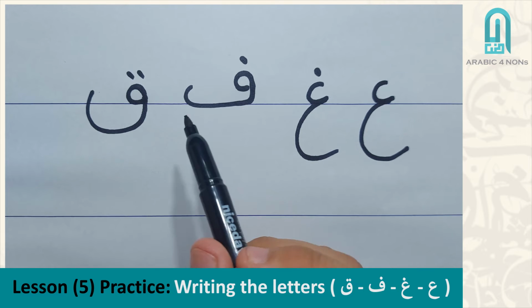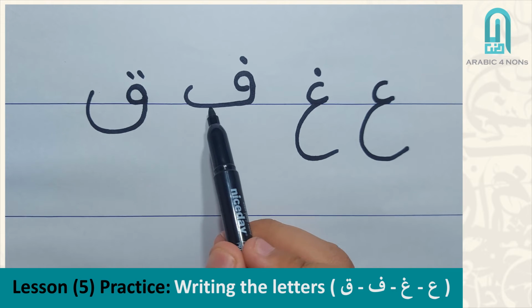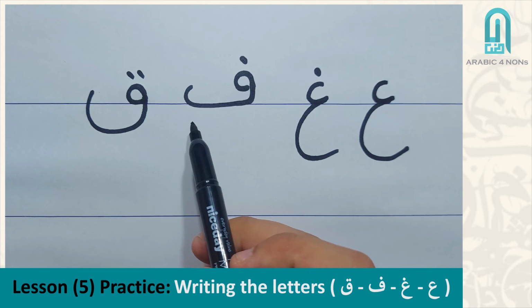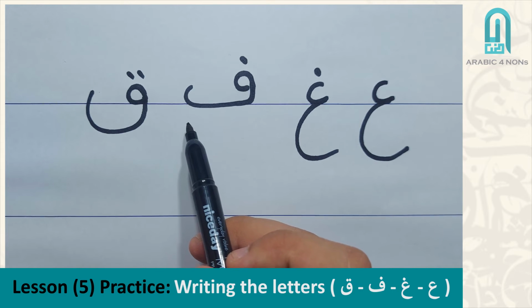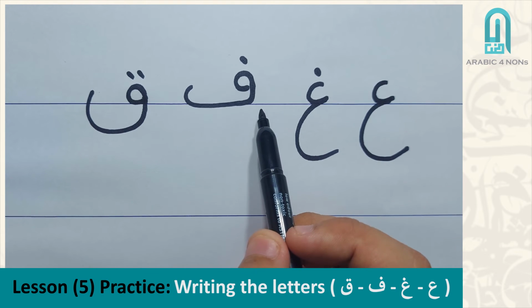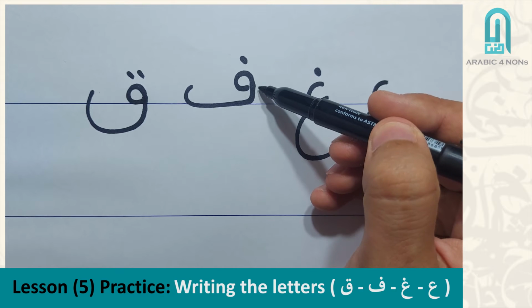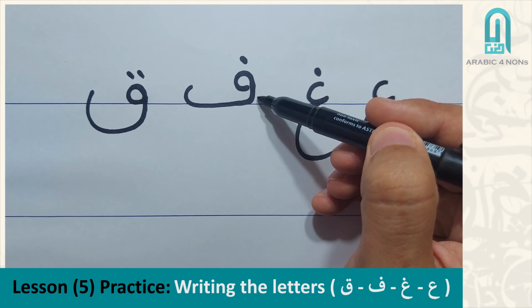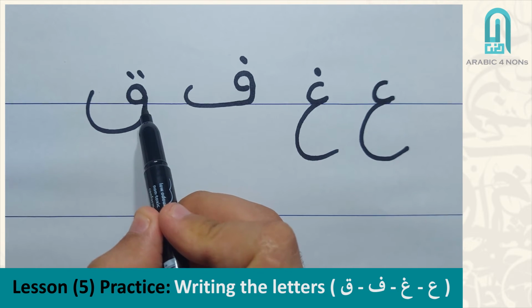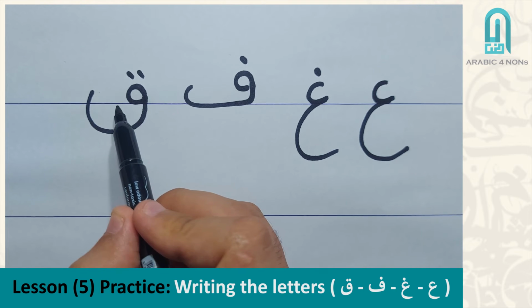Now, let's establish the differences between these two groups. They have more differences than the number of dots. First, the starting point. Here, we started a little up the line, while here, we started from the line itself.